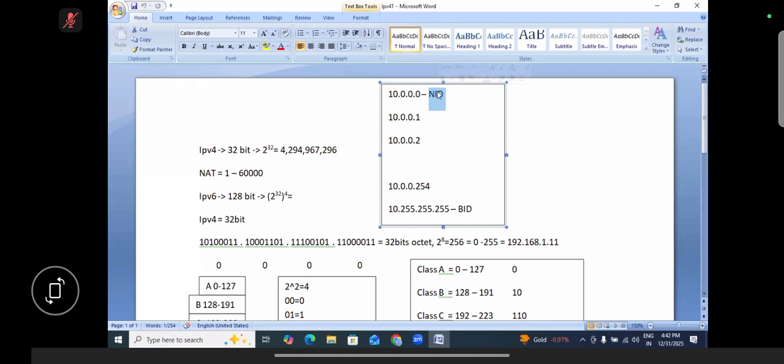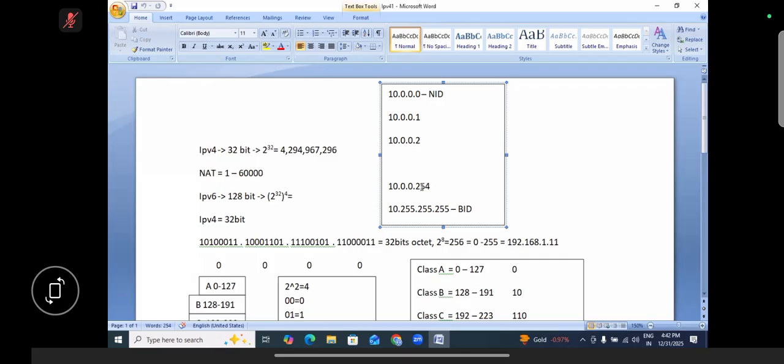So with the help of network ID, we are going to identify the network. The broadcast ID will do the broadcasting into our network. This is one network total, right? So 10.0.0.1, 10.0.0.2, like this, how many valid addresses will we have? Up to 10.0.0.254, which means this classroom capacity is 0 to 255, right?